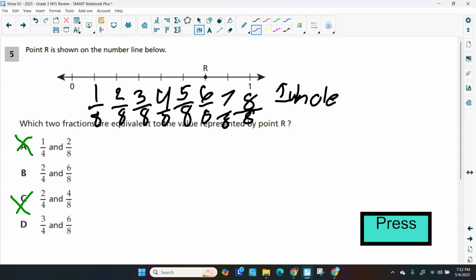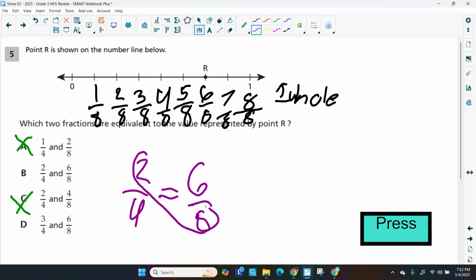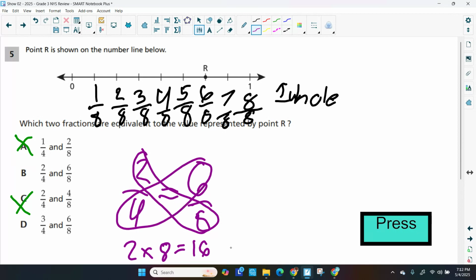So how do you know which one to choose? Because you've got 6/8. So let's start with B. 2/4 equals 6/8? You would do cross multiplication. 2 times 8 equals 16, and 6 times 4 equals 24.